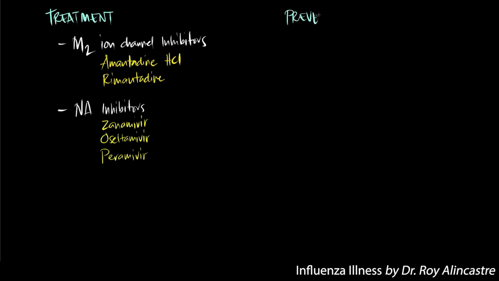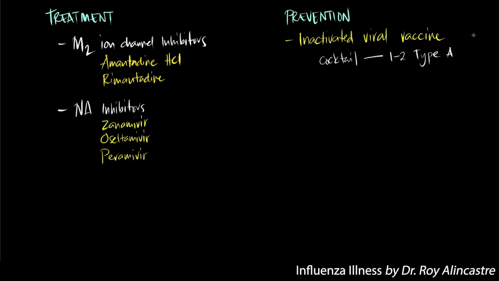Now, prevention. The primary means of prevention is the use of inactivated viral vaccines. Okay, so federal bodies of the WHO make recommendations every year as to which strains should be included in the vaccine. The vaccine is usually a cocktail that contains one or two type A viruses and one type B virus of the strains isolated in the previous outbreaks, or actually the previous winter outbreak.